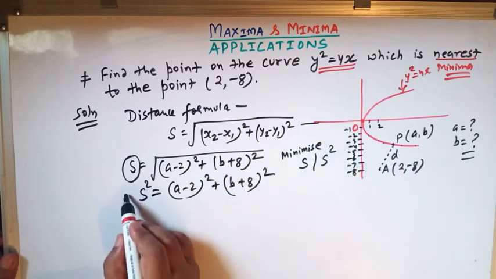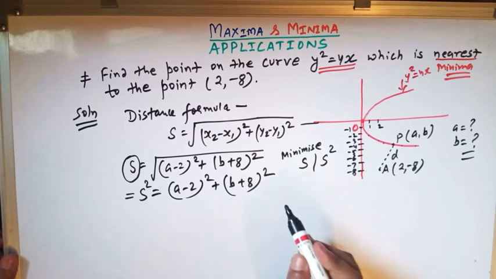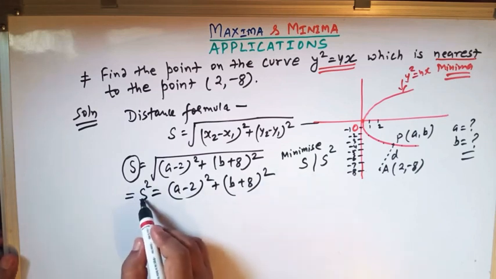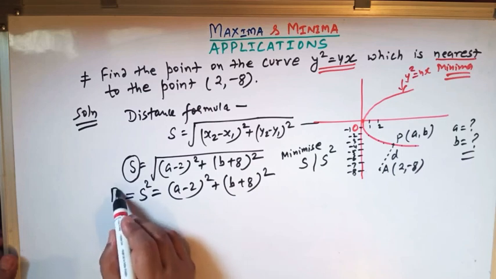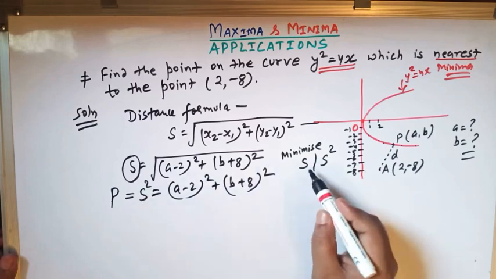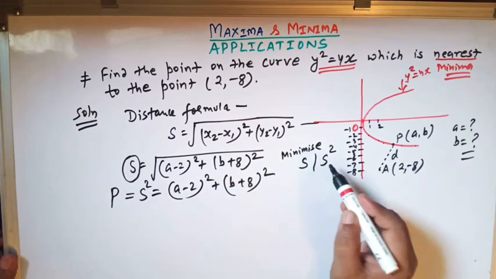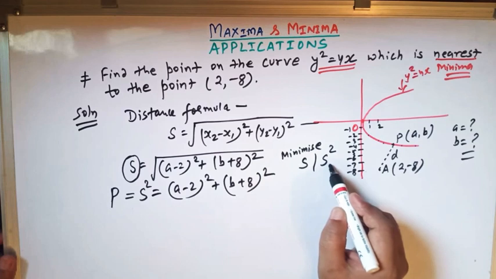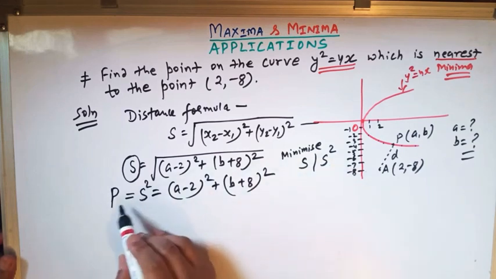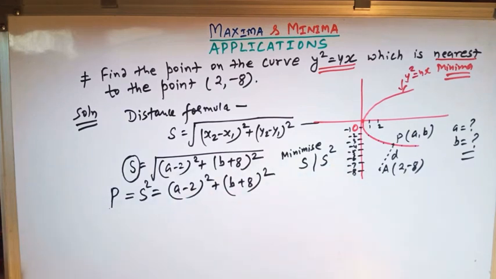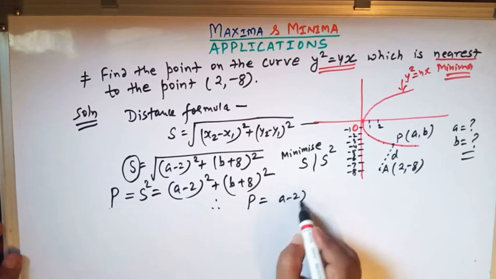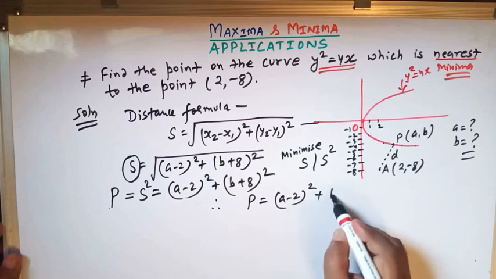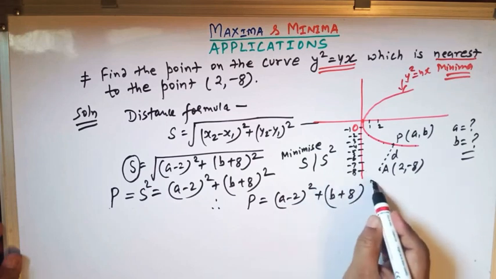Clear? Now, as we have done in our previous problem, let us denote s square by, say, p. So if s is minimum, then s square is minimum, and let us suppose s square equals p. Therefore our p is a minus 2 whole square plus b plus 8 whole square.